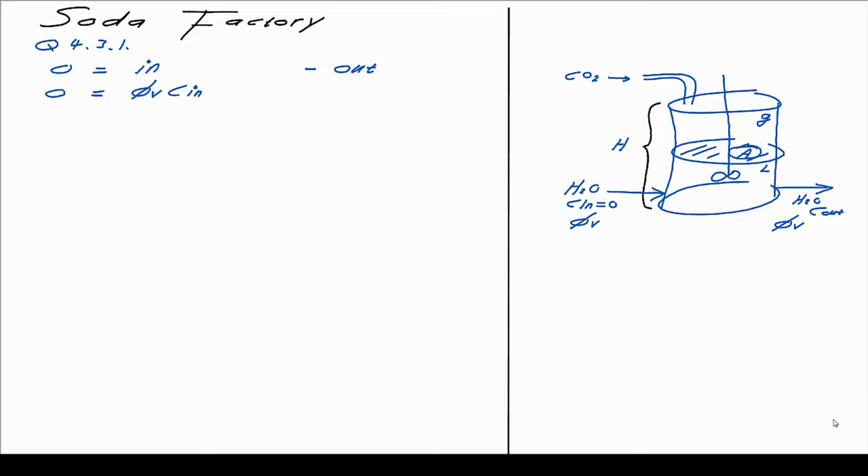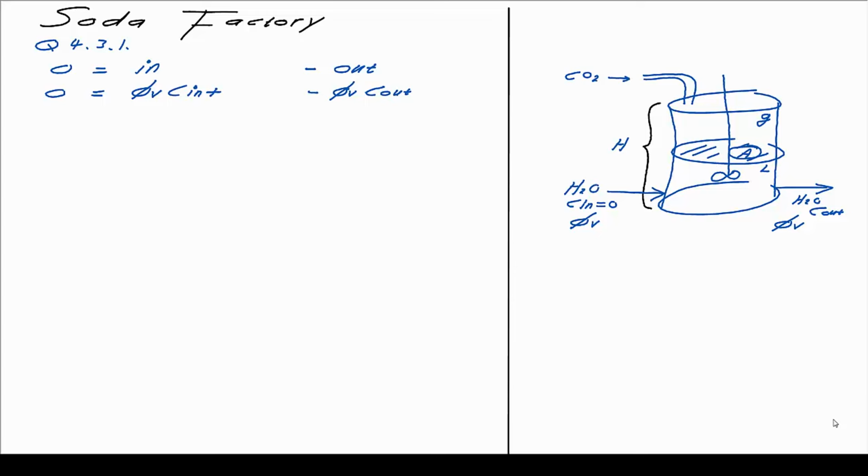The outflow of mass we can write with the same volumetric flow rate times C out, the concentration that comes out. However, we also have mass transfer due to a concentration difference.